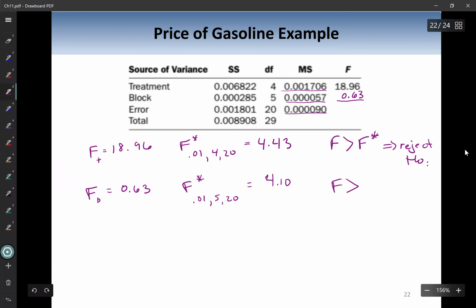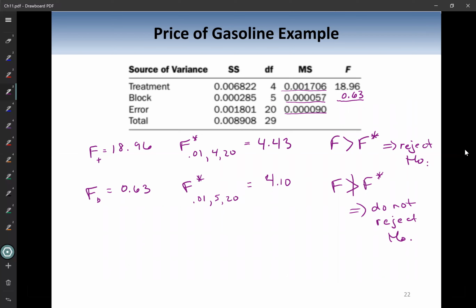F is not greater, so the observed value is only 0.63, is not greater than the table value. So we do not reject. And we would conclude then that the averages between the brands are equal. We would accept that because we cannot reject it.